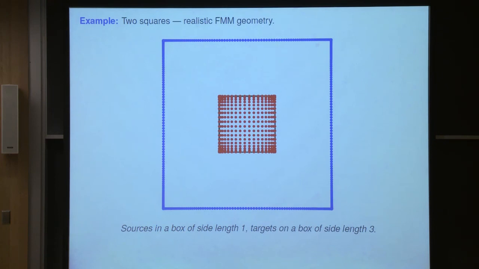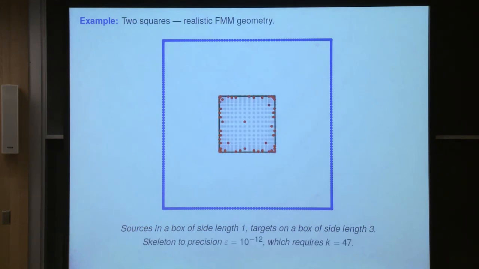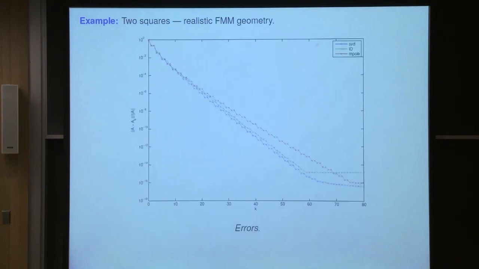Okay, so now let's go back to the geometry in the fast multipole method. We have a bigger box that has 3 times the side length of the inner box. And now this is the slide I've been building up towards. Here's the fair comparison between the fast multipole method, the SVD, and the interpolative decomposition. The fast multipole method is the worst.